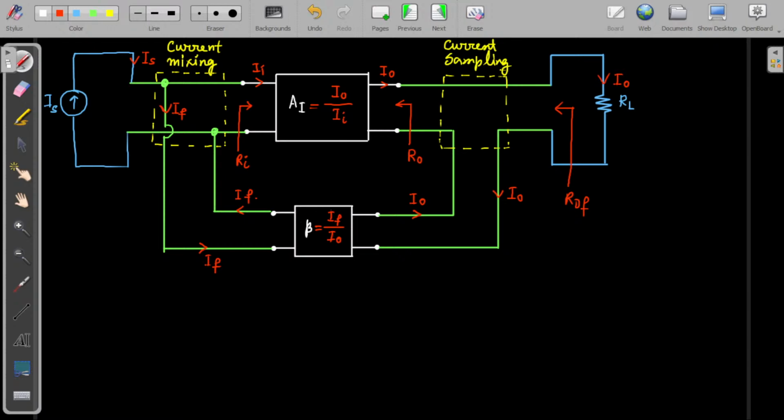Similarly, if we want to find the input impedance at this point, it will be the overall input impedance RIF. And this overall output impedance will be R0 times the desensitivity factor, and this RIF will be equal to the input impedance Ri divided by the desensitivity factor.